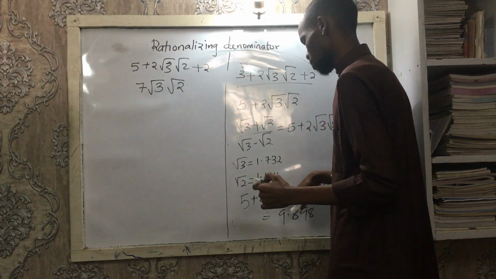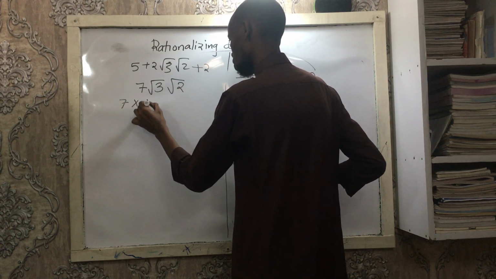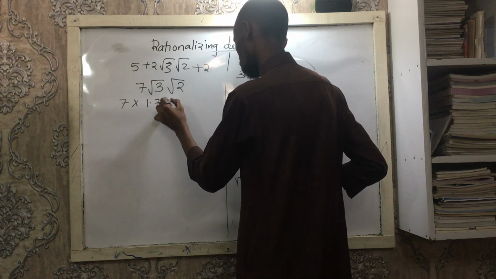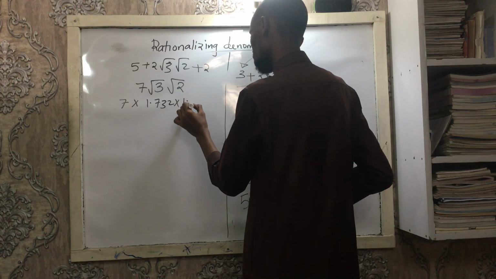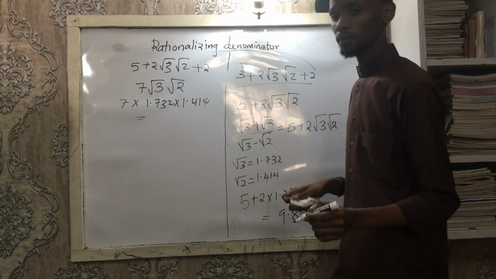And you know our root of 3 was what? 7, right? Multiplied by the root of 1.732 multiplied by the root of 1.414. Feed that one into a calculator and see what you get as an answer.